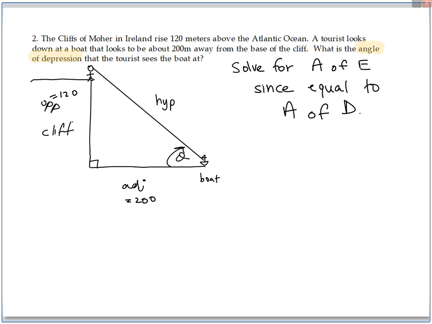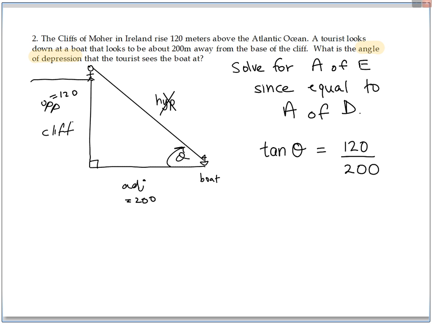Okay, so again, I don't know anything about the hypotenuse. So I have to use tangent. I don't know the angle, so I have to just put a variable there, and we use theta for that. And then opposite divided by adjacent, I put 120 over 200. What do we do when we solve for angles?